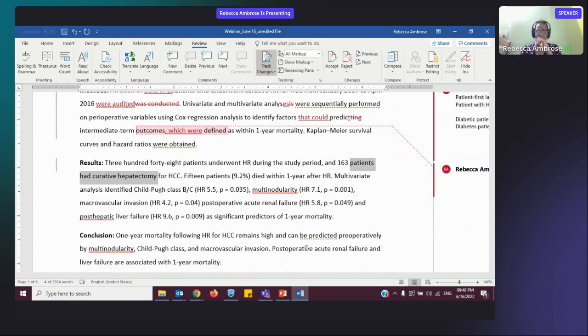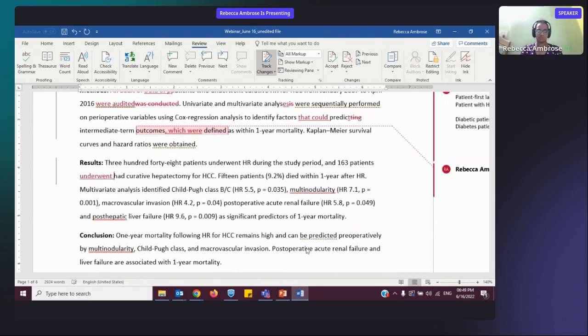Hepatectomy is a surgery, so the phrasing basically reads patients had surgery. Now, this kind of phrasing is actually pretty common in the literature, but it's not technically right because patients don't have the surgery, they undergo the surgery. So the right phrasing grammatically would be patients underwent, because it's in the past tense. So patients underwent curative hepatectomy for HCC.